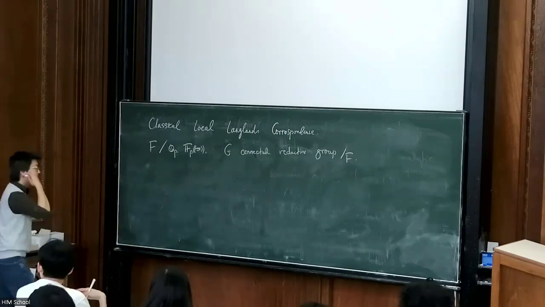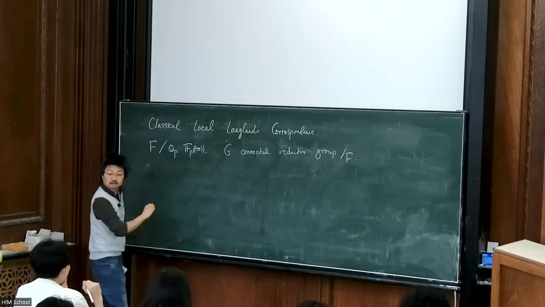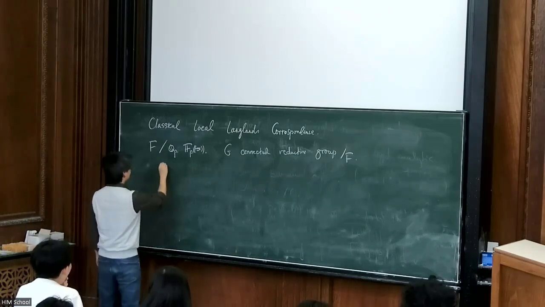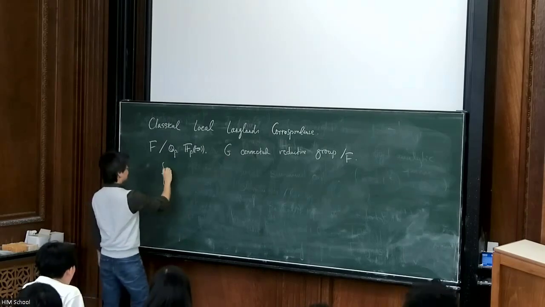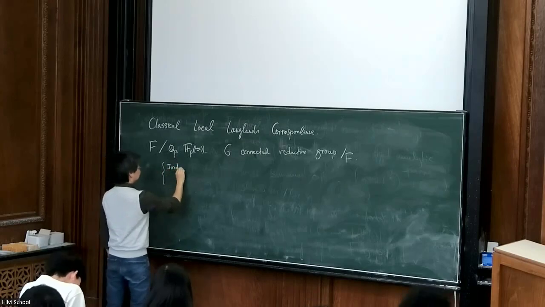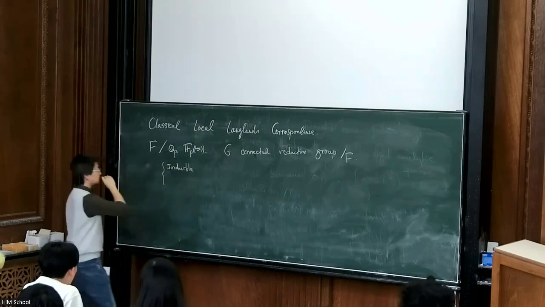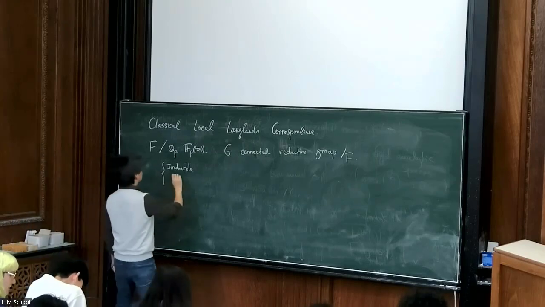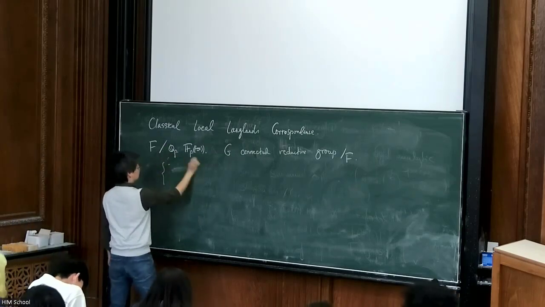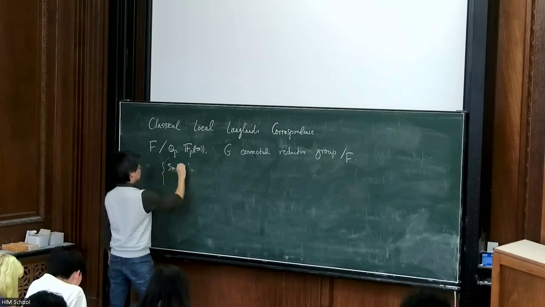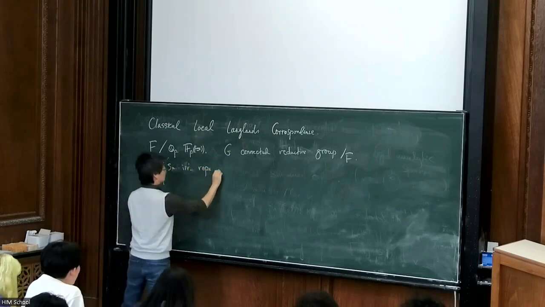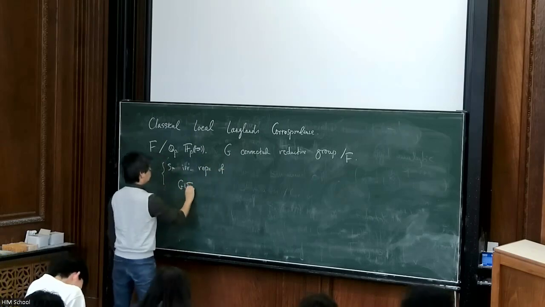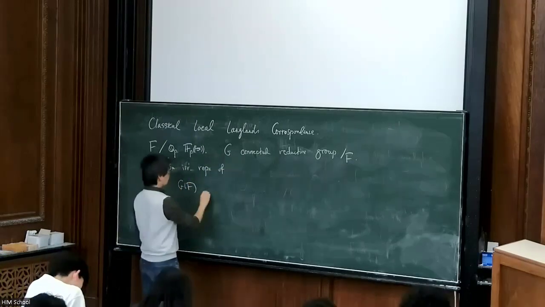By the way, is the size okay, visible? Okay, so let's see. Very roughly speaking, the classical local Langlands correspondence is one way to think about it, a classification of smooth irreducible representations of this p-adic group G(F) with some coefficients.